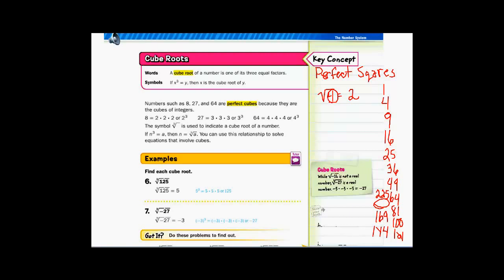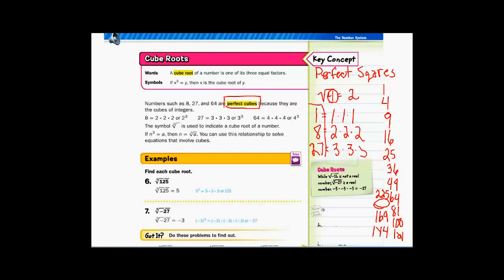So there is such a thing as also a perfect cube. Obviously not as many because it takes a lot more. So if we've got perfect cubes, 1 is a perfect cube because 1 times 1 times 1 equals 1. 8 is a perfect cube. That is 2 times 2 times 2. 27, see they're making much larger leaps here, is 3 times 3 times 3.